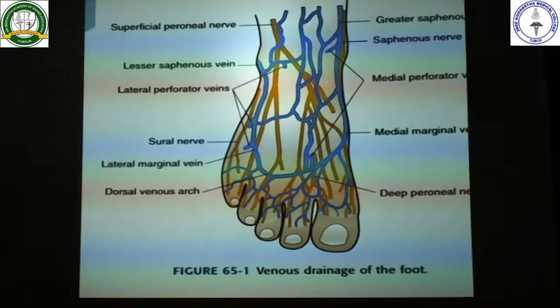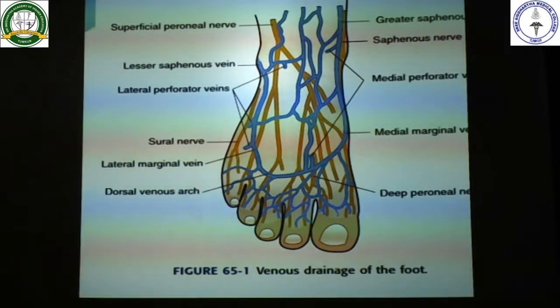And you see, this is the venous drainage of the foot. You see, this is the medial marginal vein. This medial marginal vein continues as the great saphenous or long saphenous vein, and on the lateral side, this is the short saphenous vein.